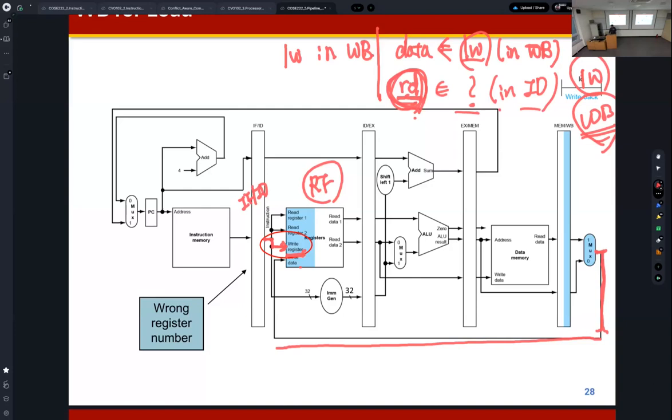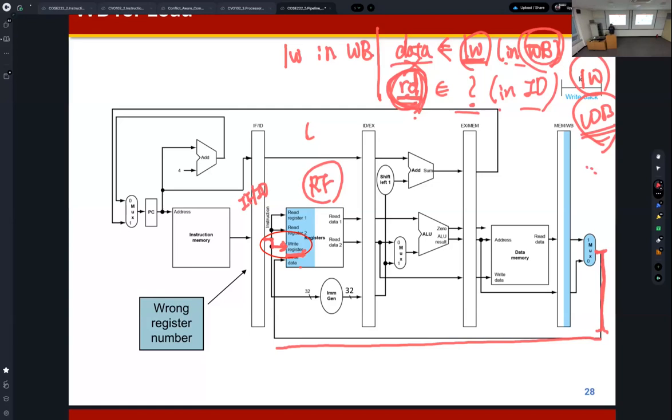But where is the load word? Load word is in the write back stage. And in the pipeline architecture, different instructions are in different stages. So the instruction in ID is different from the instruction in the write back stage. So this RD is not identical to the RD of the load word data. So we need to avoid this, right?